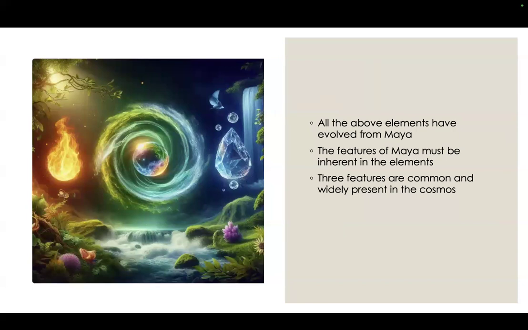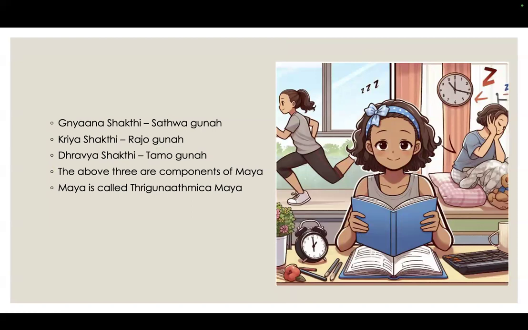So obviously they'll have all the features of all the components of Maya. So Maya has 3 features. We already know what the 3 features are, as we've been studying for quite some time. That is Jnana Shakti Sattva Guna, Kriya Shakti Rajo Guna, Dravya Shakti Tamo Guna. And these all 3 components are from Maya.